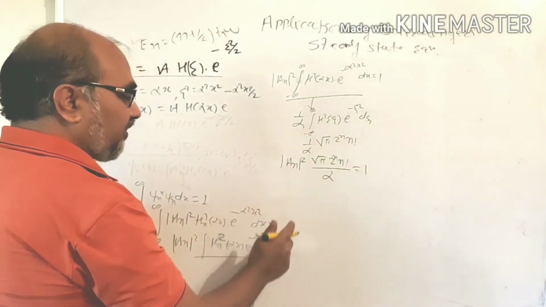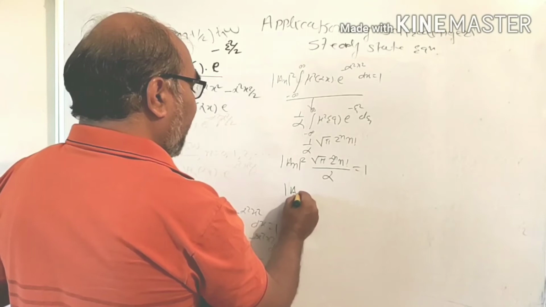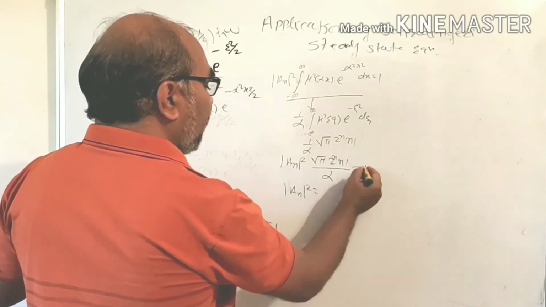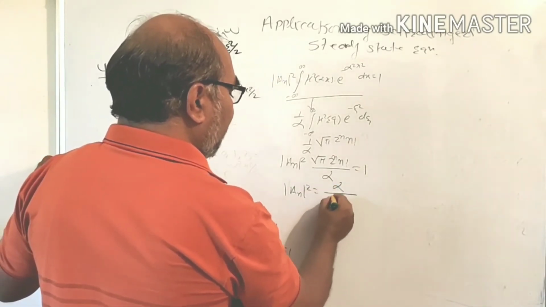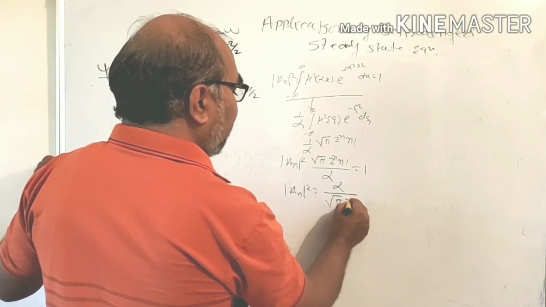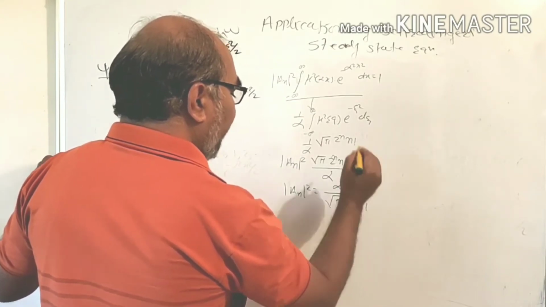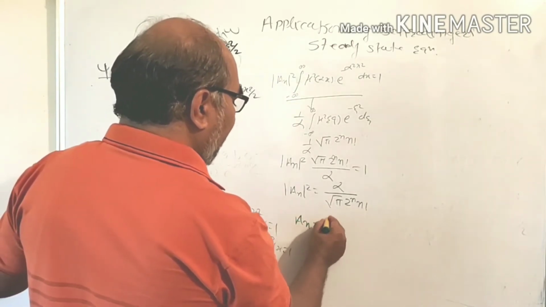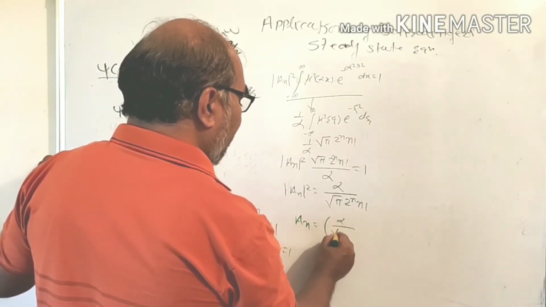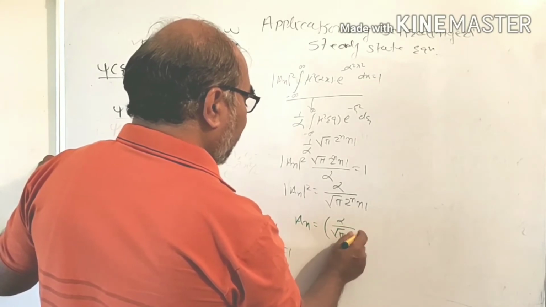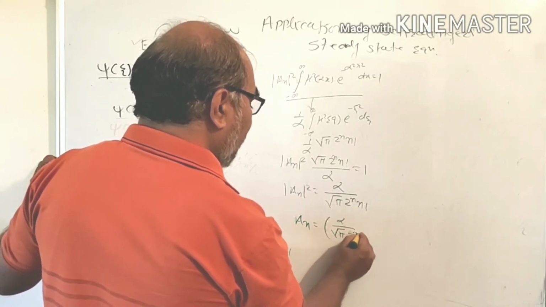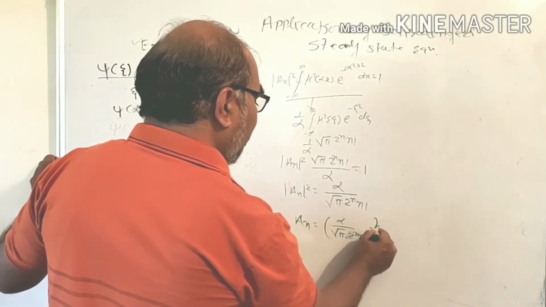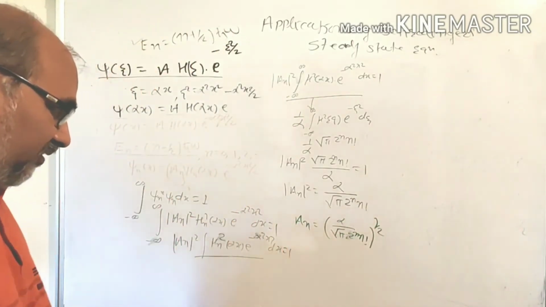Therefore An square is equal to alpha divided by root pi 2 raised to n factorial, and so An is equal to (alpha divided by root pi 2 raised to n factorial) raised to 1/2.